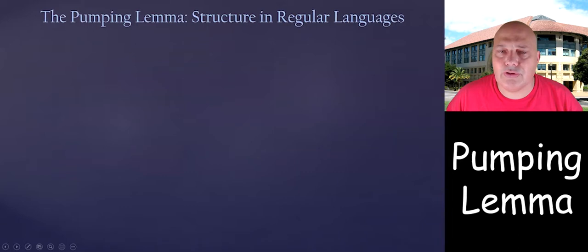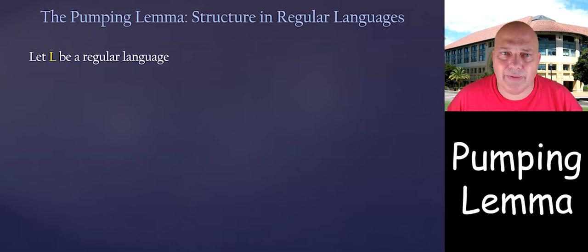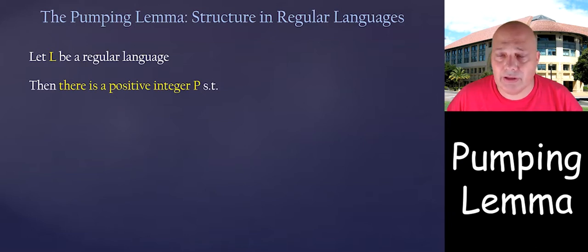So the first tool that will be very useful is the pumping lemma, and it gives us some structure theorems about regular languages. So let's dive in and tell you what the pumping lemma is. The pumping lemma says that if L is a regular language, then there is a positive integer p.